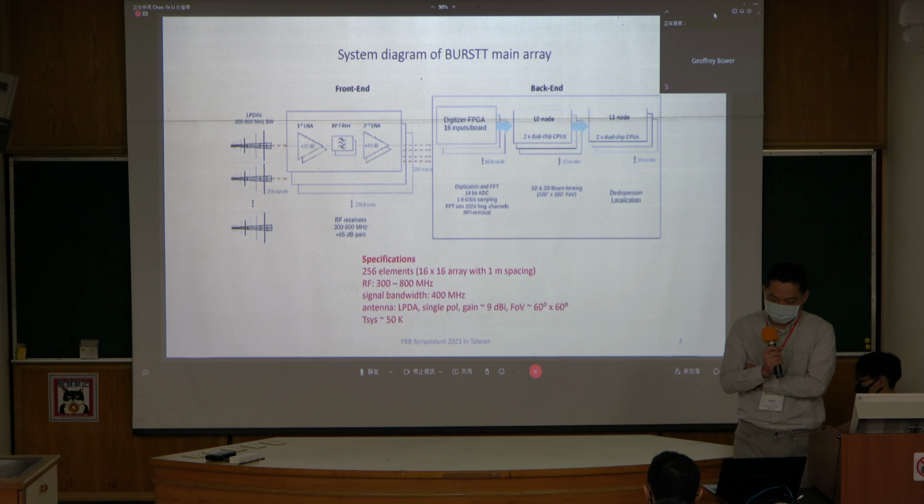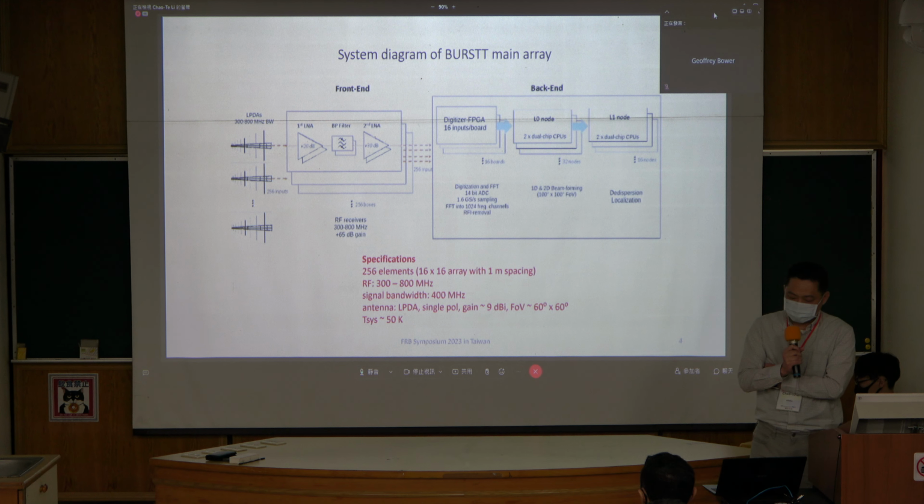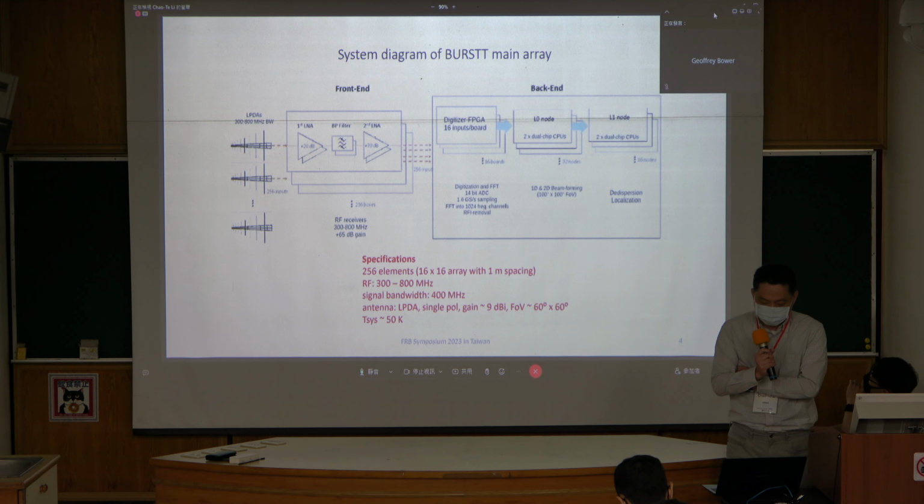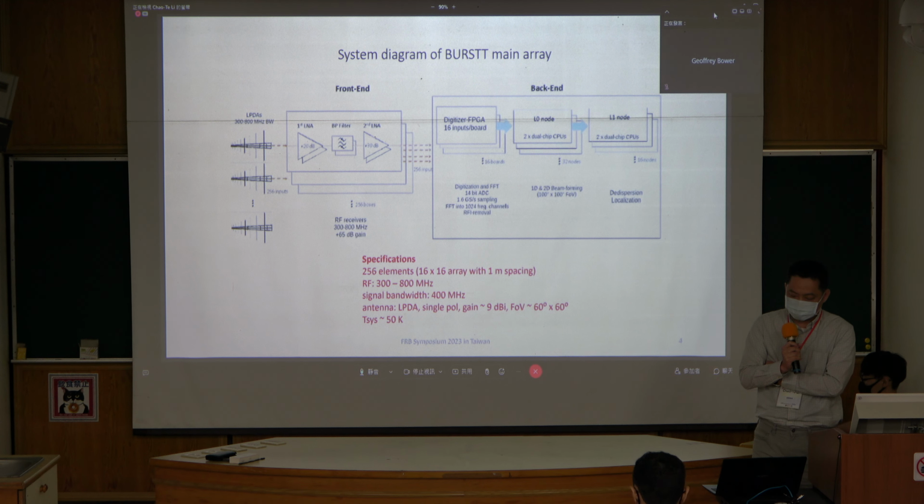We will use a single polarization LPDA antenna with a 9 dB gain. The field of view is about 60 by 60 degrees, and the system temperature is about 50 K.